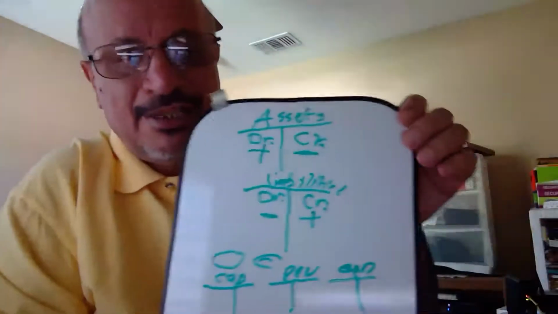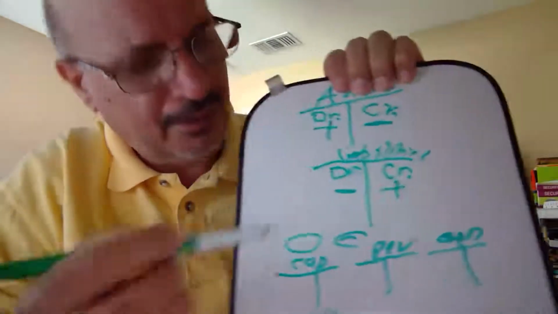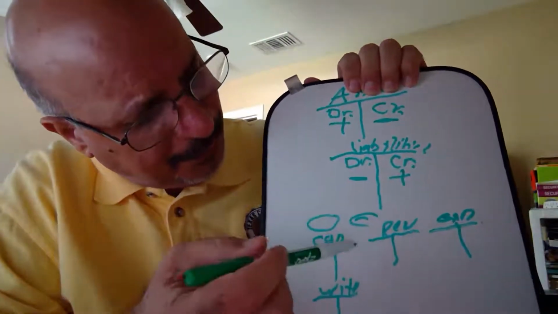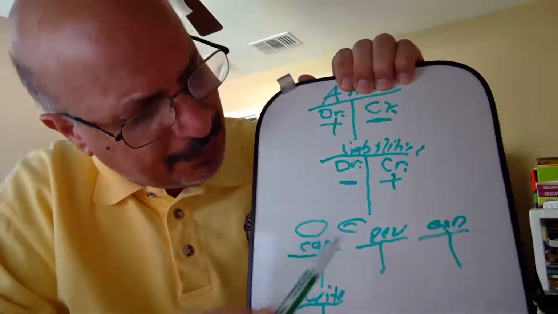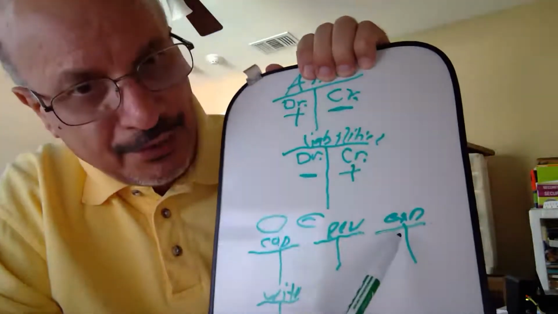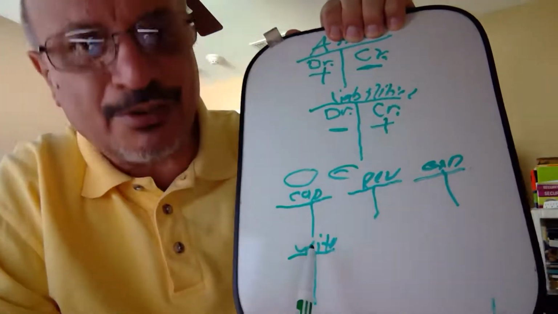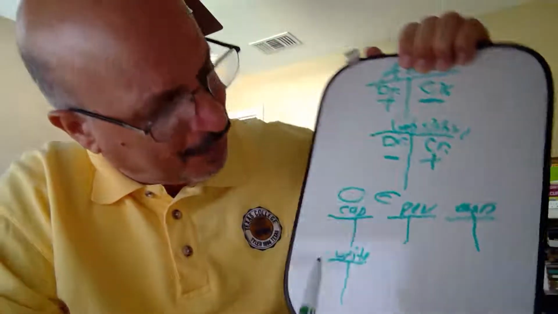Okay, under owner's equity, we have 4 accounts. We have capital, revenues, expenses, and withdrawals.